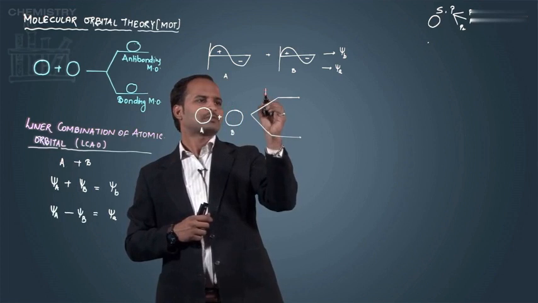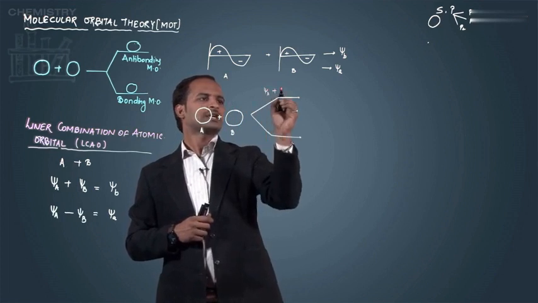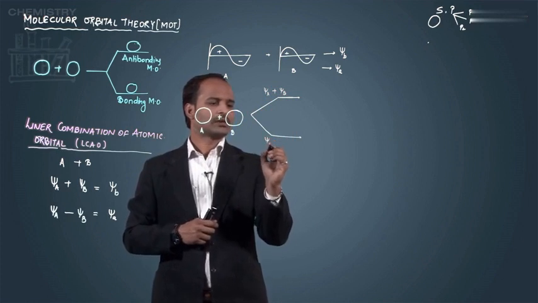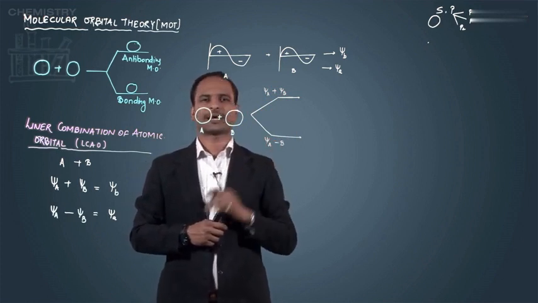The first one is psi A plus psi B, that is the atomic orbitals are undergoing addition, and the second is psi A minus psi B, that is the subtraction is taking place.